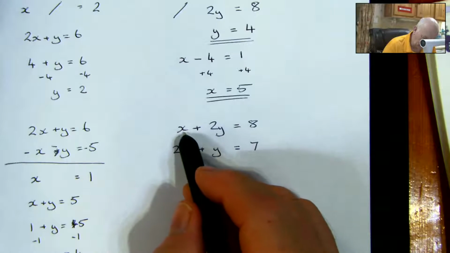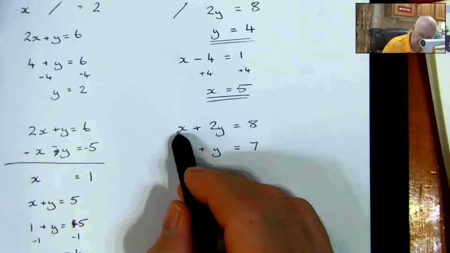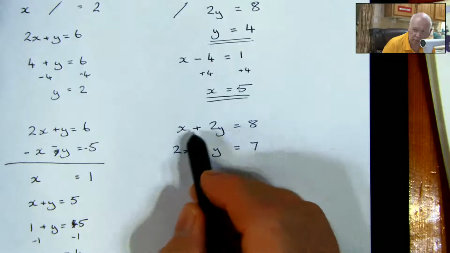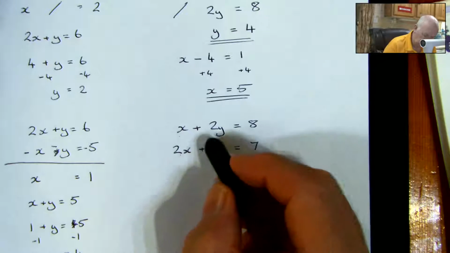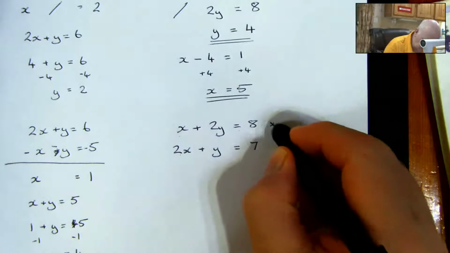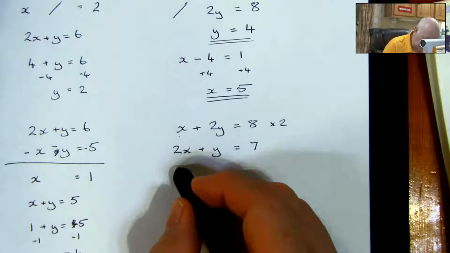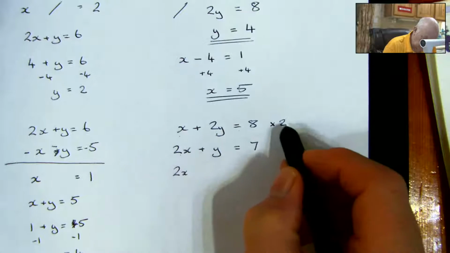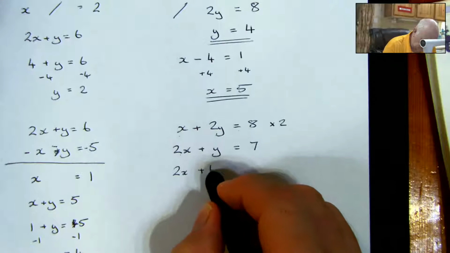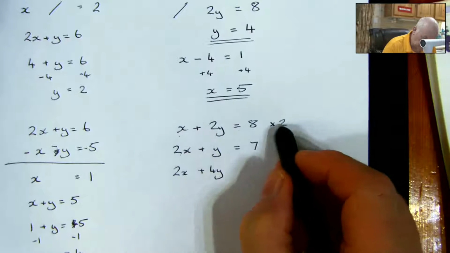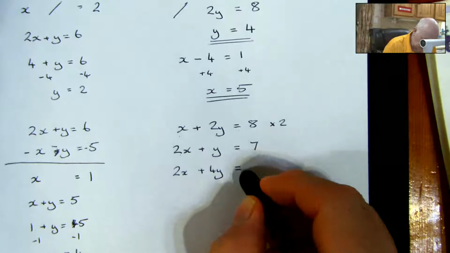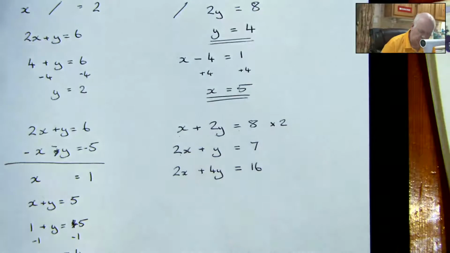So if I want to get rid of the x, I want to make this double. That'll make that 2x. So let's multiply this one by 2. Here we go. 2x, 2 times 2y is going to give me 4y, and 2 times 8 is going to give me 16.